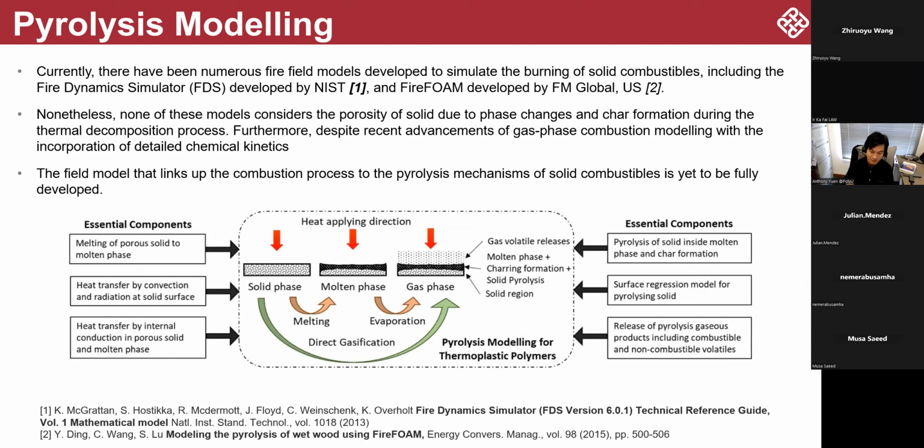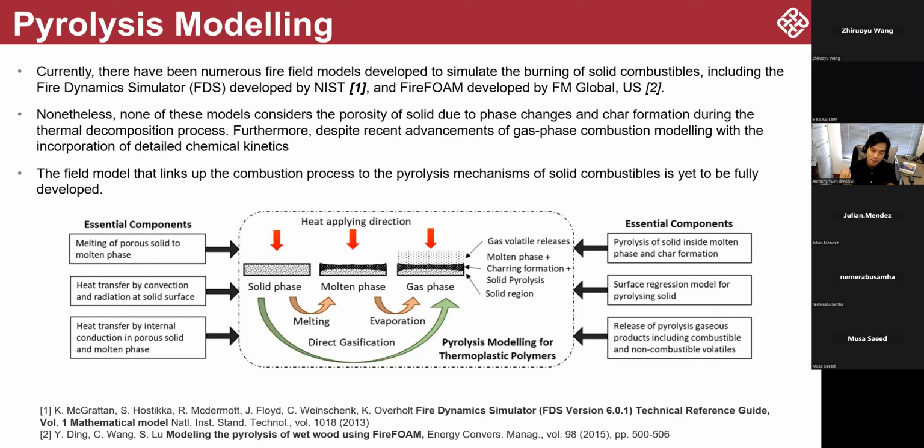Sometimes it has a molten phase if it's like a thermoplastic material. And in the majority of cases, from solid to gas. So say, for example, if we're burning a wood, there is a very high chance it would just directly burn to gas phase.